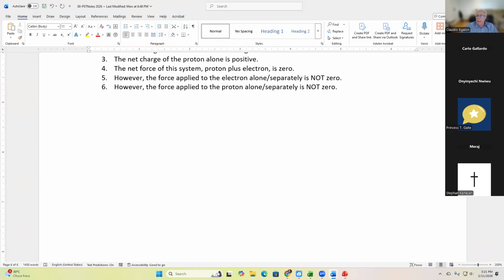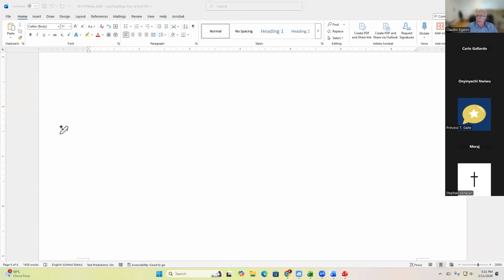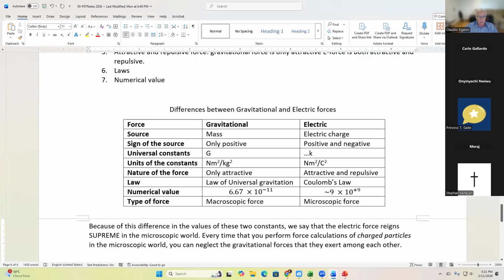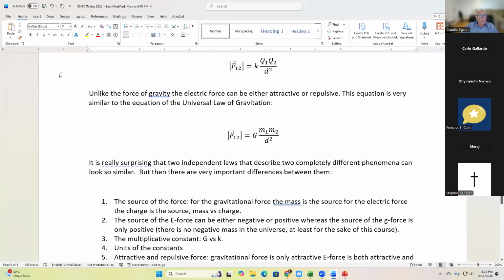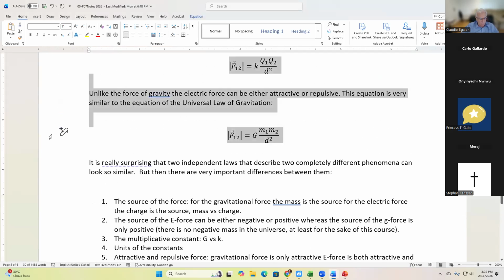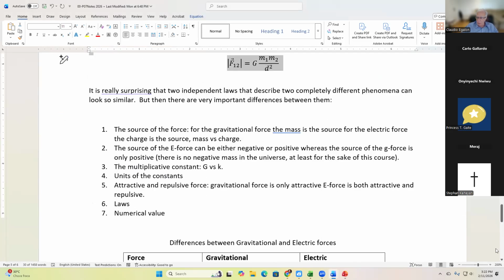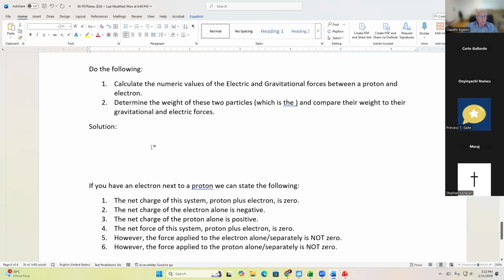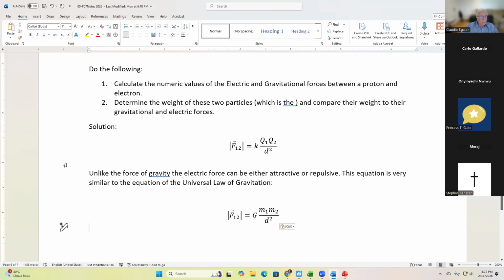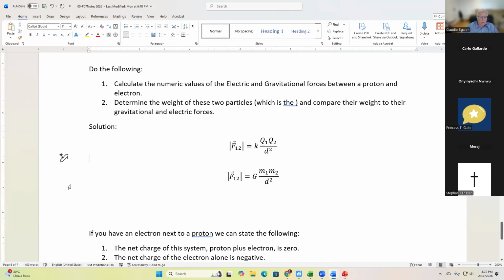We can go ahead and pick up the equations. We have two equations here, and I'm going to use both of them. One is the electric force, the other one is the gravitational force.